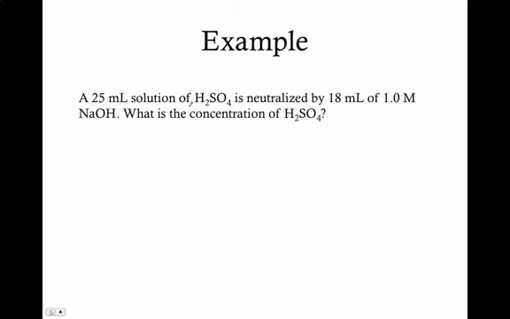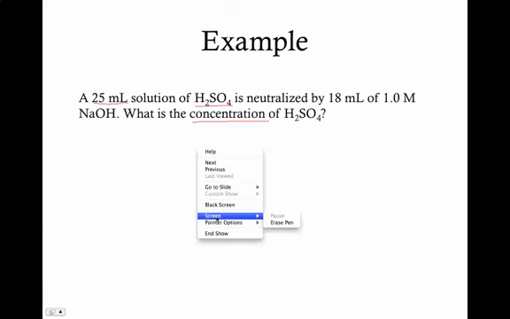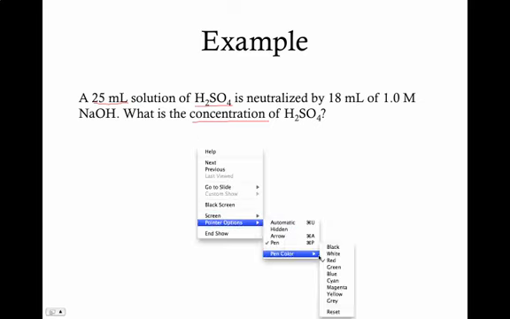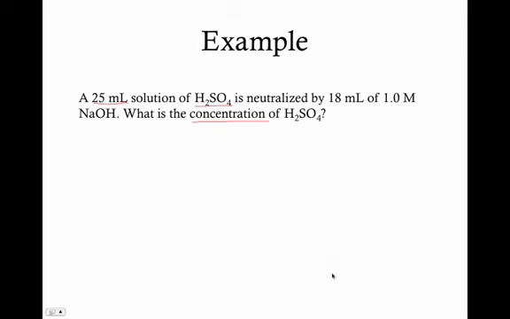So H2SO4 is our acid, so the 25 milliliters, and it's looking for the concentration of the acid. And then we'll do the same for the base, except we'll underline that in blue. So the NaOH is our base, so that's 18 milliliters and 1 molar.